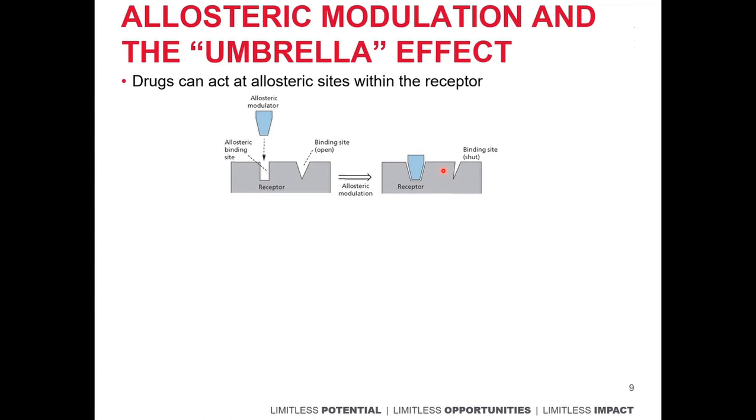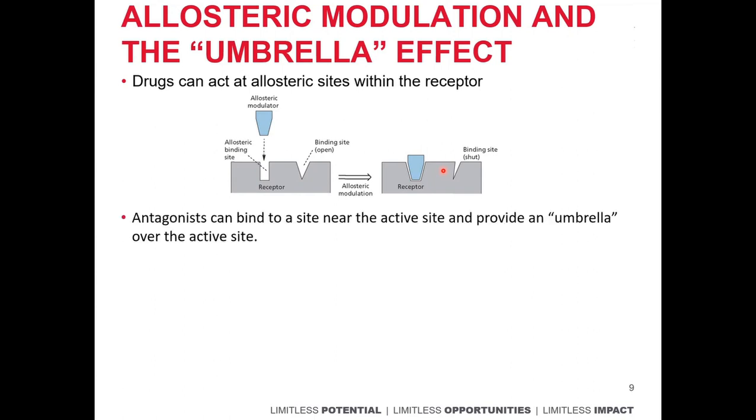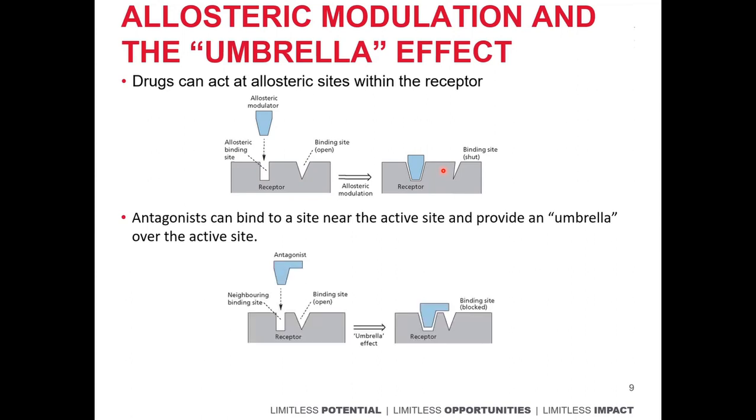Now with antagonists, this can lead to another effect. So if antagonists bind to an allosteric site that is near the natural messenger binding site, they can also provide an umbrella. Now here we have our antagonist that's binding into an allosteric site that is close to the binding site for the natural messenger molecule.